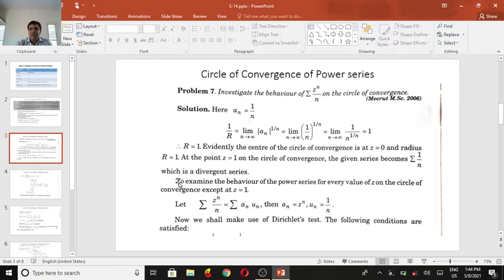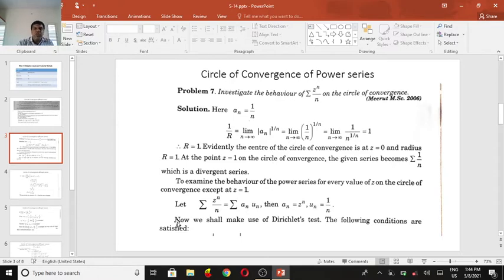Let summation z^n divided by n be equal to summation an un, where an is equal to z^n and un is equal to 1 by n.